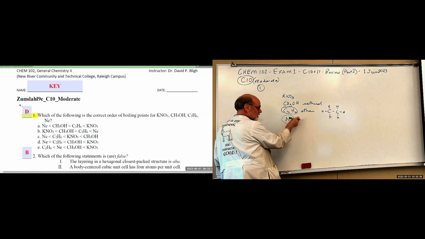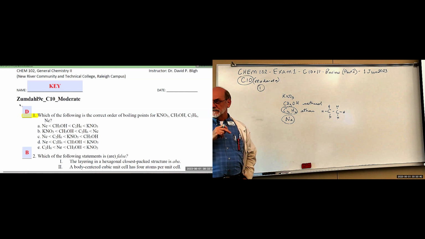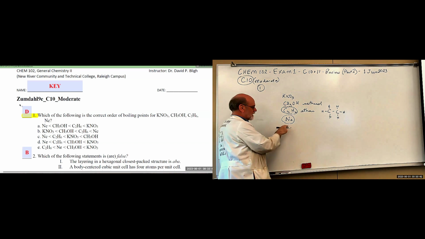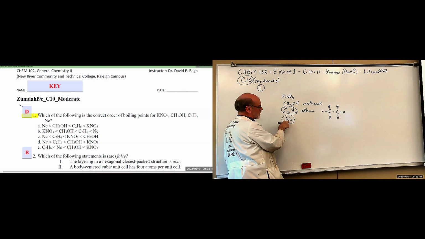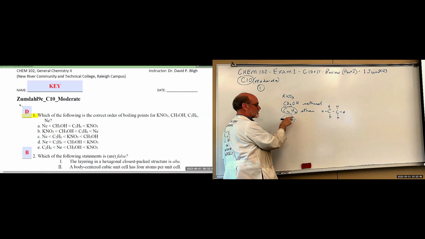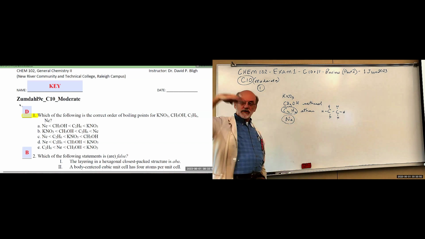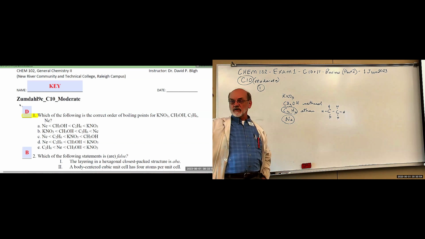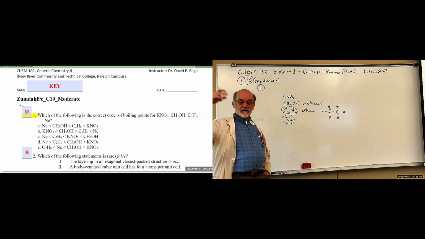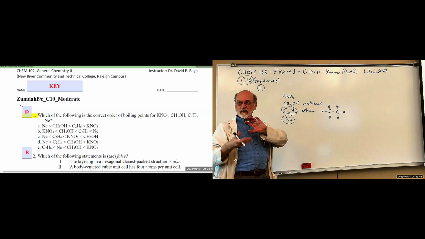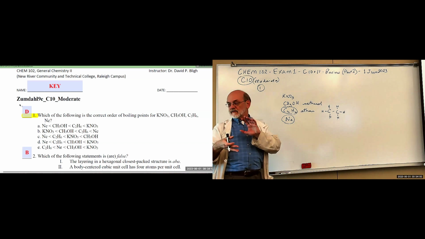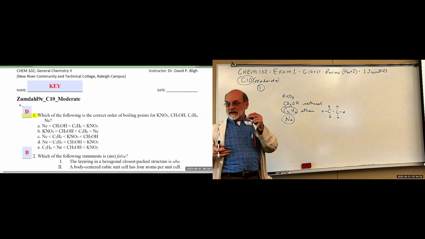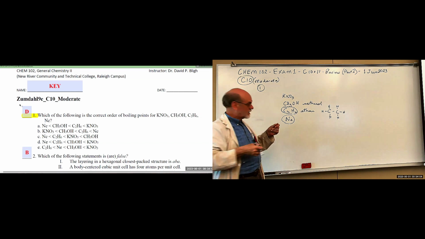These are both nonpolar. But this neon is a smaller atom than this molecule, which means this one has larger London dispersion forces available. Remember, the larger the molecule and the larger the atom, the higher the probability you have for uneven distribution of electron density on an instantaneous basis.